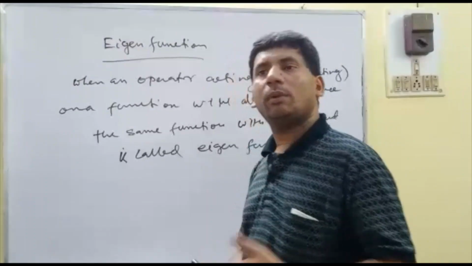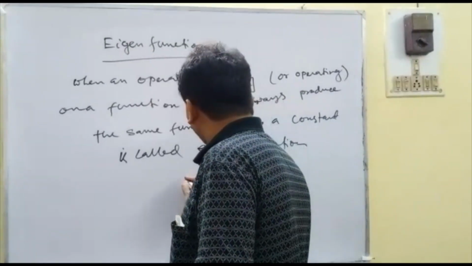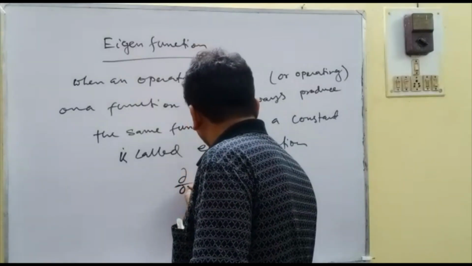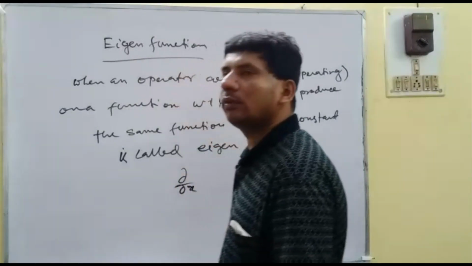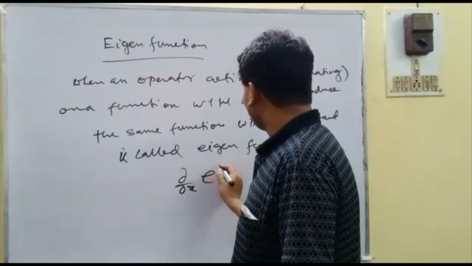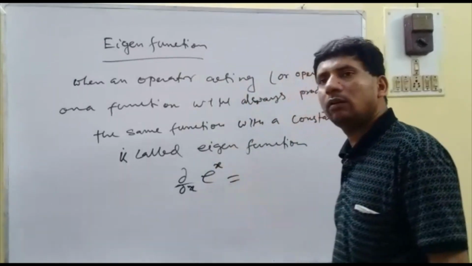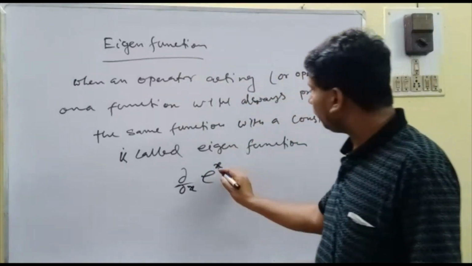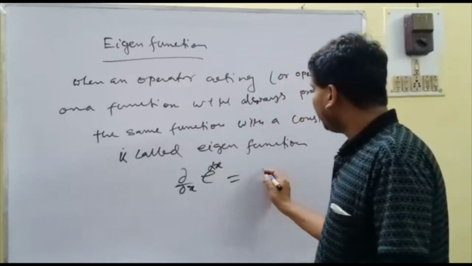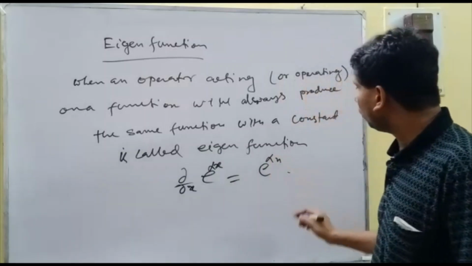Let us consider an operator del x operating on e to the power alpha x. What will be the value? It will be e to the power alpha x into alpha.